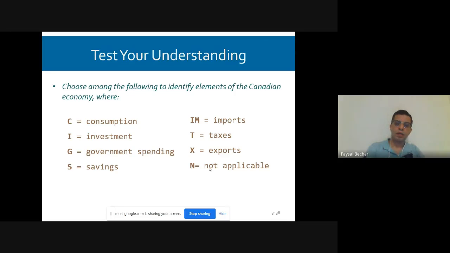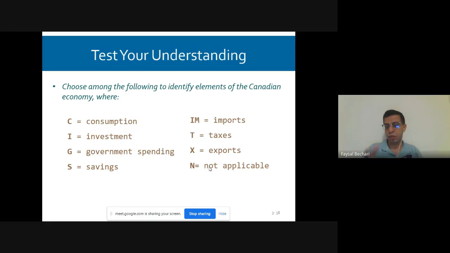Now, there is so much information that was just presented to you. Now let's see if you are able to grasp some of it. So what I want you to do is choose among the following to identify the element of the Canadian economy in the case of a Canadian.